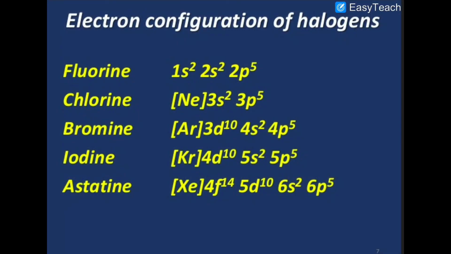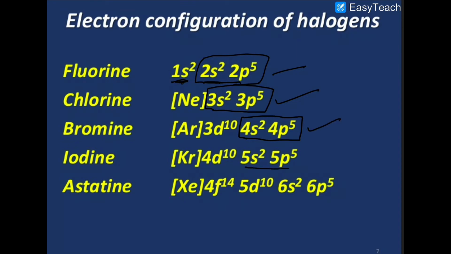Now if we look at the configuration of these elements once more, in case of fluorine, that is helium 1s2, so it is 2s2 2p5. This 2s2 2p5 is the valence shell configuration. Similarly for chlorine, it is 3s2 3p5. For bromine, it is 4s2 4p5.